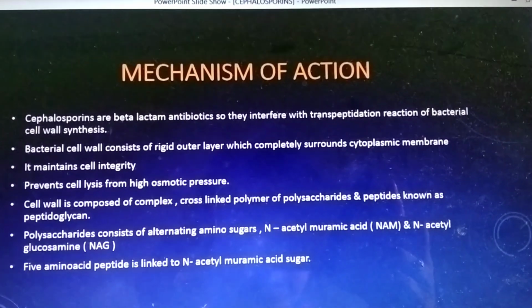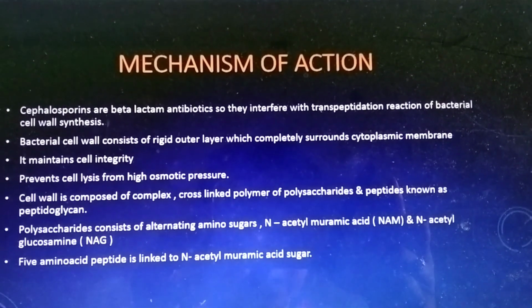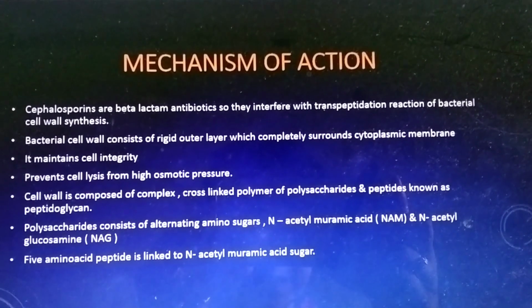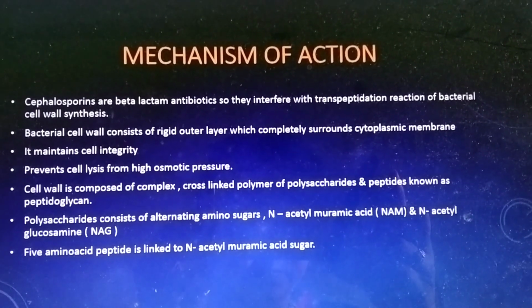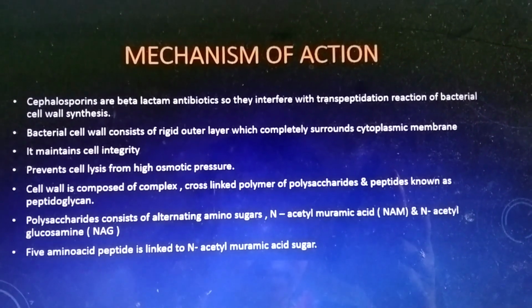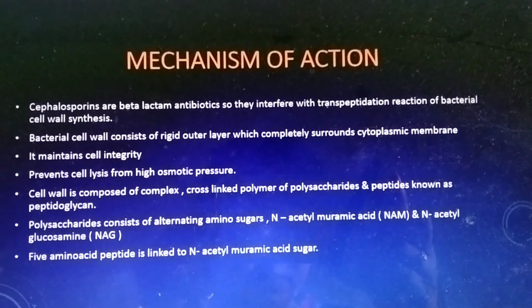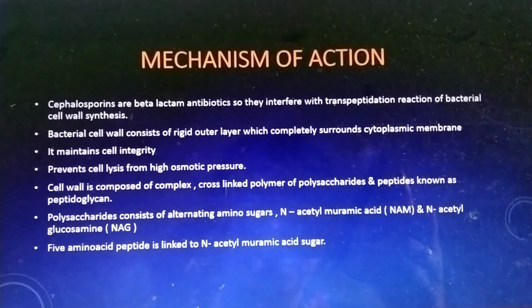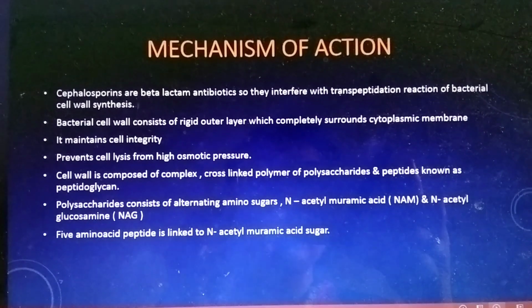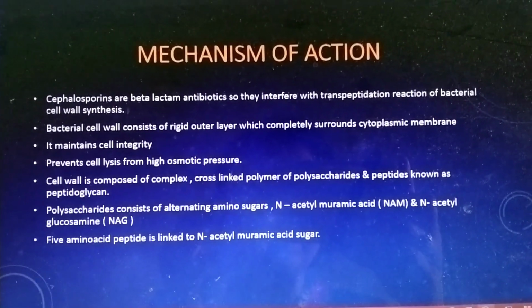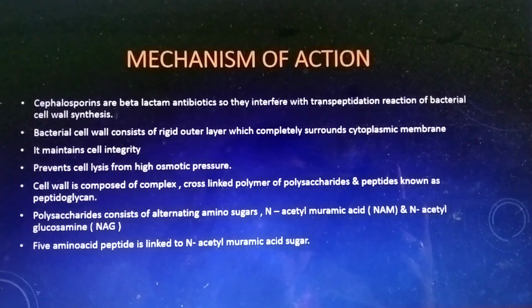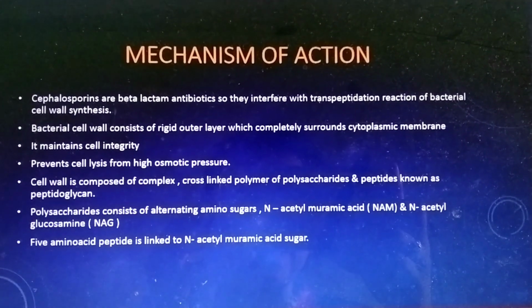Bacterial cell wall consists of rigid outer layer which completely surrounds the cytoplasmic membrane. It maintains the cell integrity, prevents the cell lysis from high osmotic pressure. The cell wall is composed of complex cross-linked polymer of polysaccharides and peptides known as peptidoglycan.